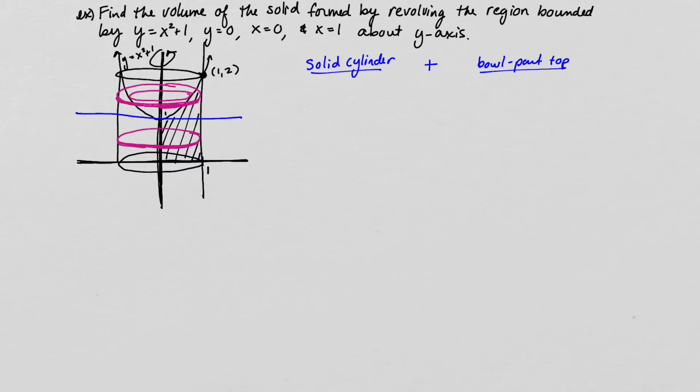So let's start with the bottom part. The volume for the bottom part is going to be pi times some integral. I revolved around the y-axis, so it's going to be a dy, and it's got the radius squared dy.